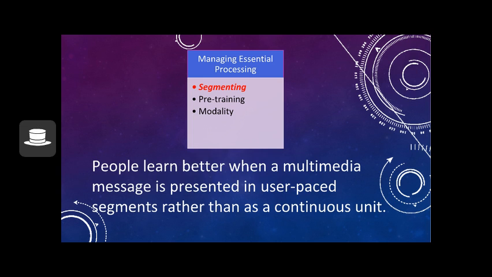So we want to make that clear for them so that they don't have to do that. The other thing we can do is give the learner some control of the pacing from one segment of the lesson to the next. Mayer suggests we can do this by using the slider bars, or the next button, or the pause button.